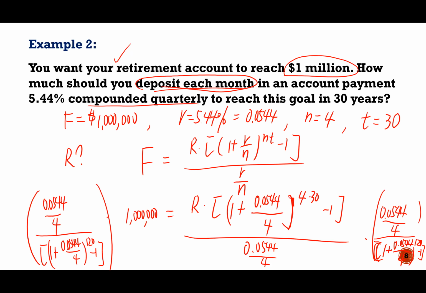Okay. And that should give us the answer, right? And let me quickly show you how to input this in Excel. So this cancels the denominator, this cancels the numerator, so you get that. Okay.